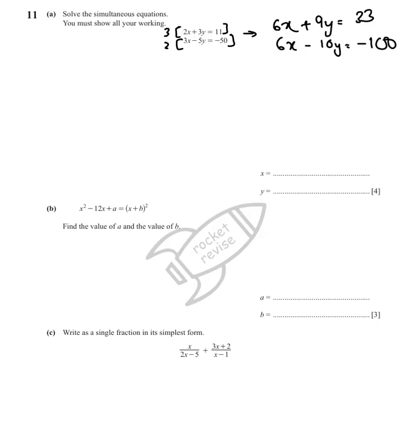Okay. If we have a big minus sign here, 6x minus 6x cancels. 9y minus minus 10y becomes 19y equals 133. What's y equals 133 upon 19?